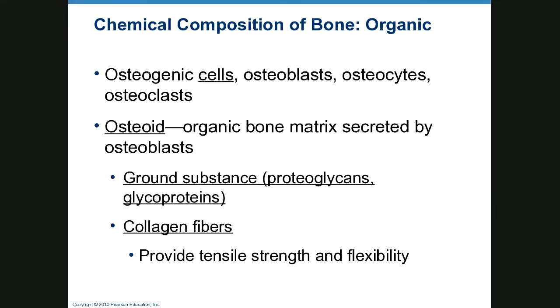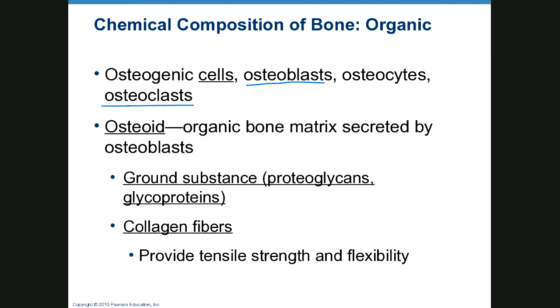Okay, now the chemical composition of bone, we have the organic as well as the inorganic portion. Now, cells, we have the stem cells, osteoblasts, osteocytes, which are mature cells, and osteoclasts. Osteoblasts form bone. Osteoclasts break down bone.